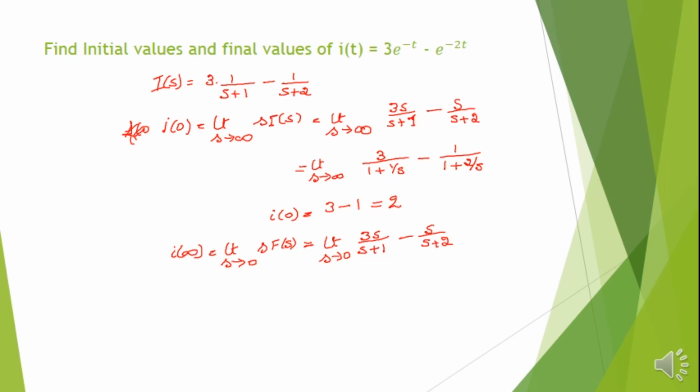If I substitute s equal to 0, it is 0 by 1 minus 0 by 2, equal to 0. So the initial value is 2 and the final value is 0. Like this we need to find the initial value and final value using the Laplace transform.